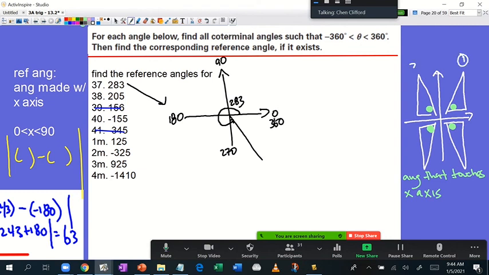This is the second quadrant. This is the third quadrant. And this is the fourth quadrant. So what quadrant is this line in? The answer is that it's in the fourth quadrant.